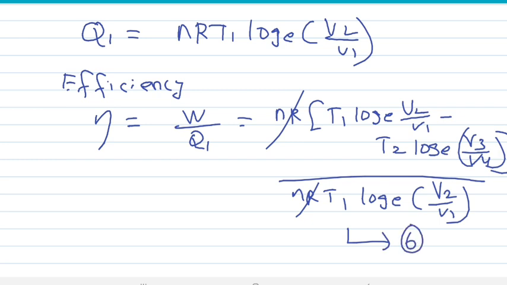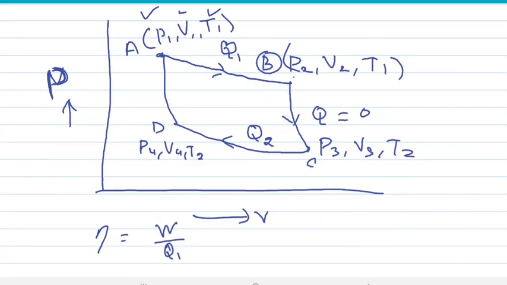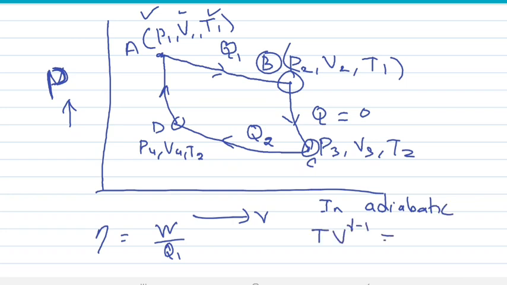Now we need to know the relation between V2, V1 and V3, V4. We can see that B to C is an adiabatic process and D to A is also an adiabatic process. We know that in an adiabatic process, temperature T into V power gamma minus 1 is equal to constant. We must remember this formula.